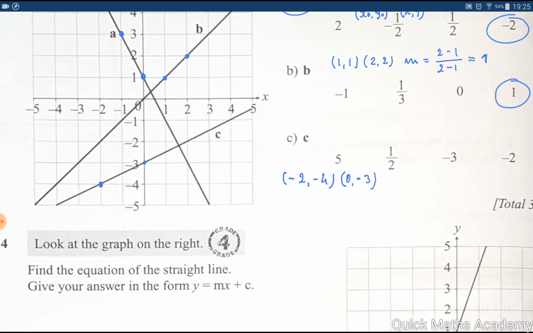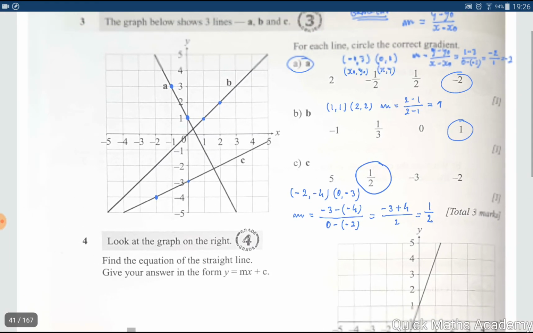I grab these 2 points, and again, m equals y minus y0, that will be -3 minus -4, over 0 minus -2. So you have -3 plus 4, and you have 2. So that means your gradient is 1 over 2. That makes this one the correct answer.